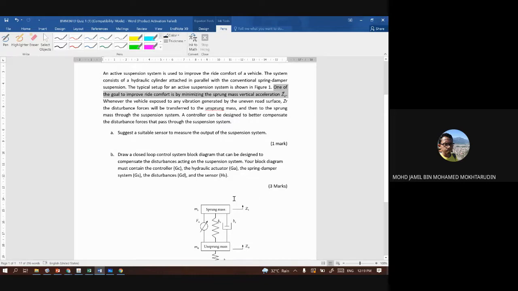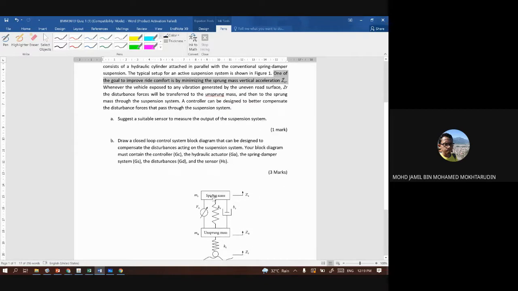So the system measures the sprung mass vertical acceleration. Obviously the output is the sprung mass acceleration. To measure acceleration, you can put an accelerometer. If you answer accelerometer, your answer is correct.